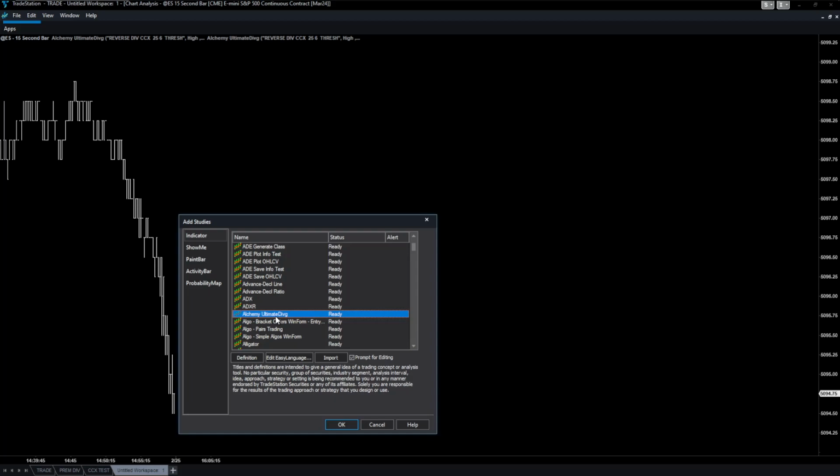So you can have as many different iterations of that particular indicator in the study group that you can go back and then add to a workspace without having to add the study itself, then change the settings. I hope I'm making myself clear. Okay. All right. So do that.